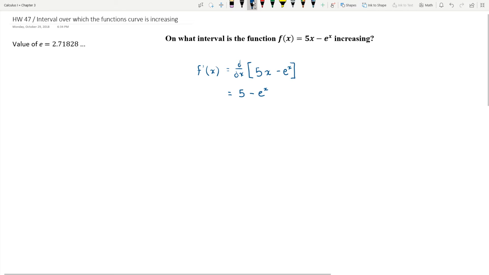What do we do now? In order for us to find out where along this function's curve it is increasing, we need to find out at what point on that function's curve there is a horizontal tangent.